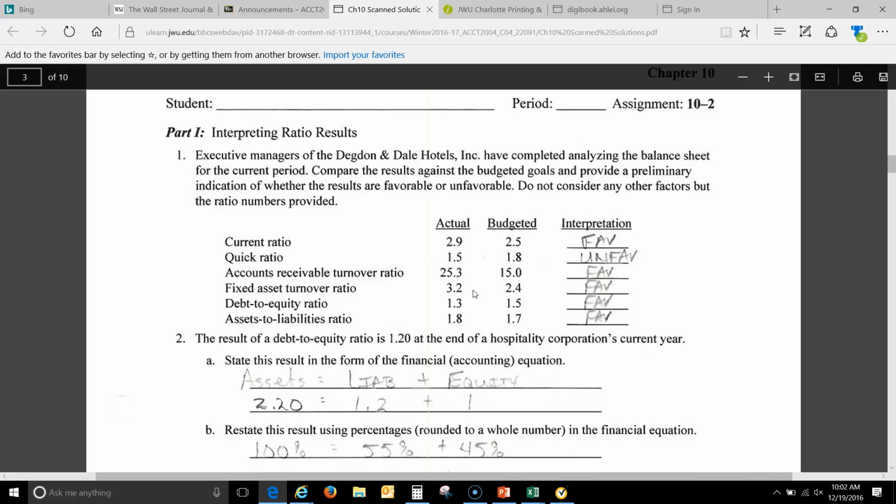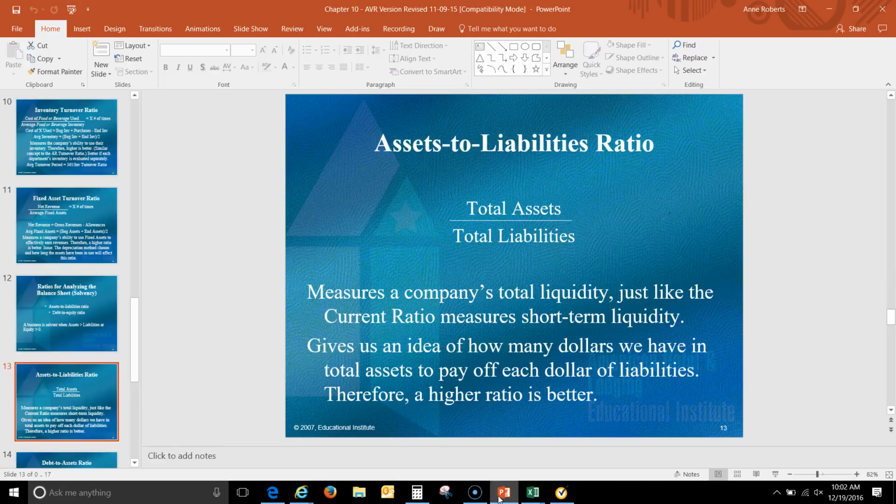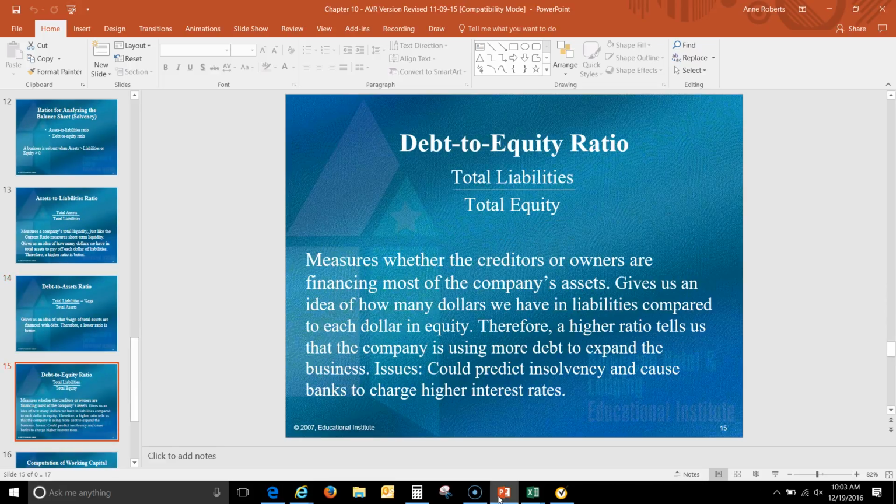Let's take a look at the next one, debt to equity. All right, pull that one up. So again, for every dollar in equity, we have X number of dollars in liability. A higher ratio tells us that the company is using more debt to expand the business. So is a higher number better or a lower number better in this particular case? Lower is better.